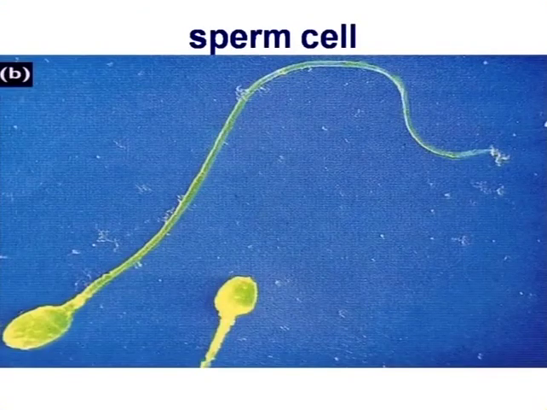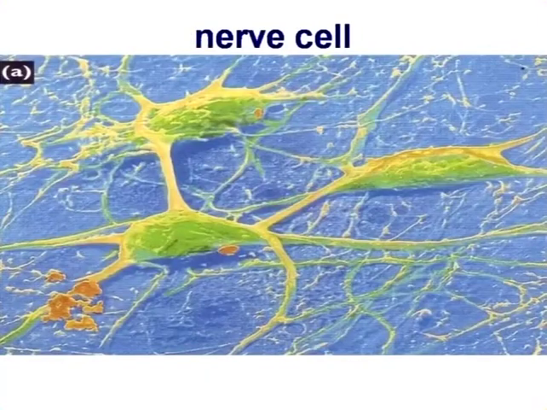Okay, that's the sperm cell. It looks like that. As you go higher in your grades, you will learn more about animal cells. And that's the nerve cell, right? That's found in animals or in human beings, the nerve cell.